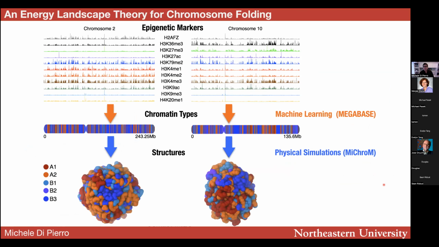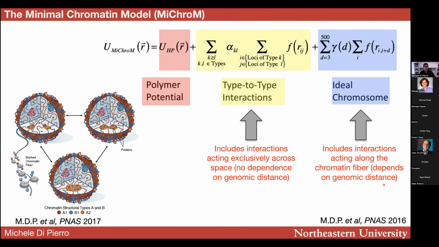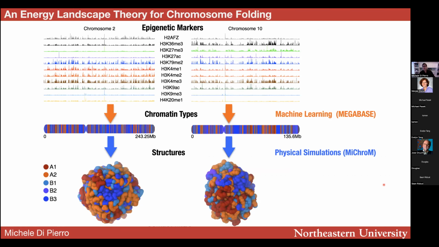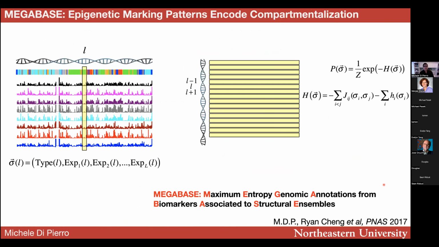So this energy function can be used in molecular dynamics simulations once it has been trained. But the other ingredient that we need to predict the conformation of chromosomes is to figure out the sequence of chromatin structural types, which we do with a machine learning step that we call MEGABASE.